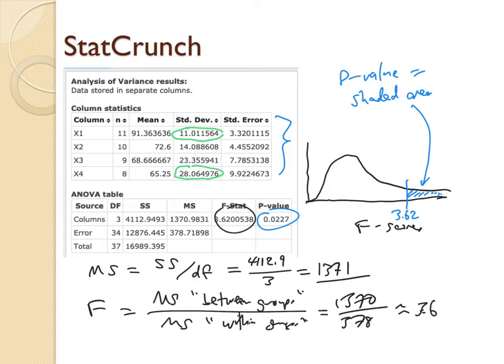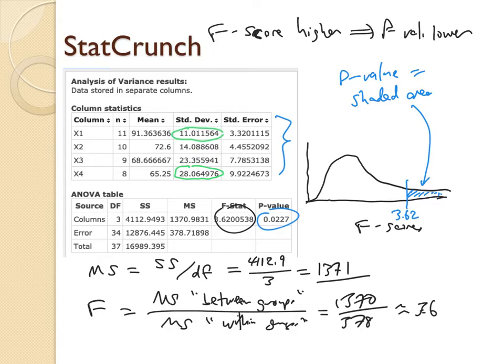What else was I going to say about this? Oh yeah, notice that it makes sense that the higher the F score, as long as the degrees of freedom aren't changing, so for the same picture, the F score being higher means the p-value is lower. The higher the F, the more you move this line to the right, the amount of area that you have will be less.